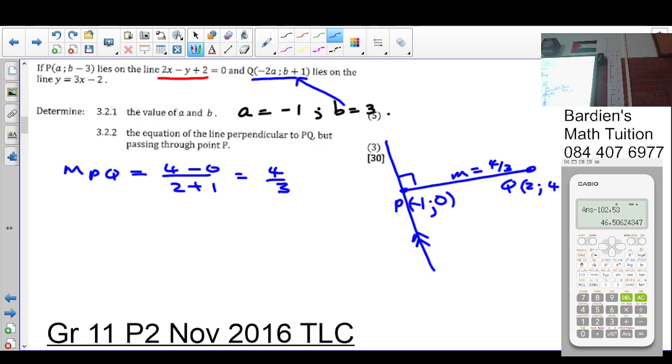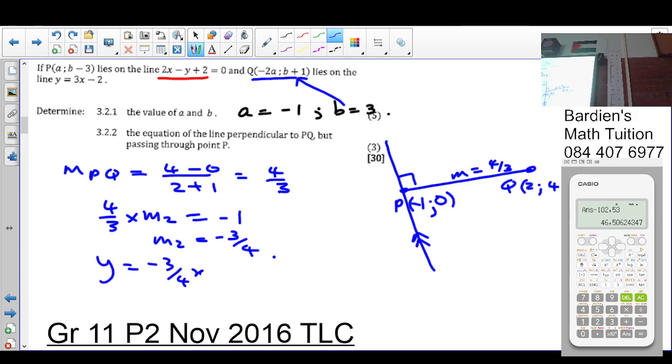So what is the gradient of a perpendicular line? We know that 4 over 3 times the perpendicular gradient is negative 1. So it's going to be minus 3 over 4. Now we've got the equation y is equal to minus 3 over 4x plus c. Now we substitute P, which is negative 1 and 0, remembering that's an x and a y.